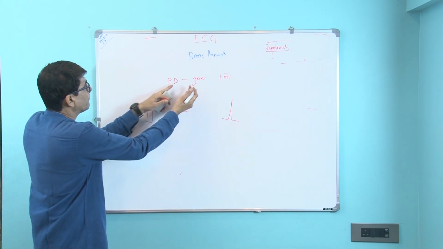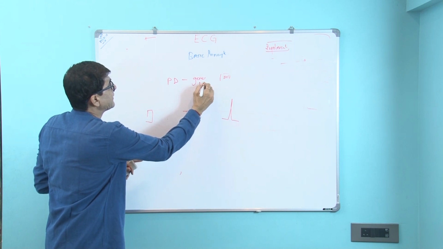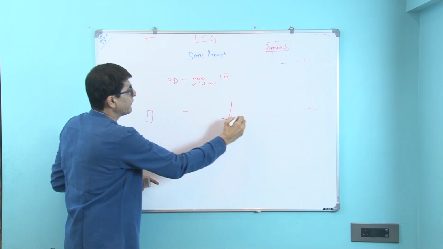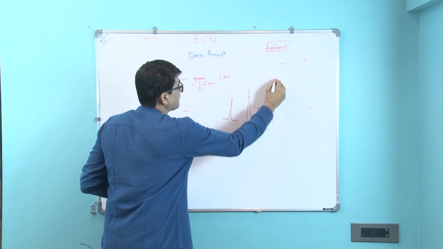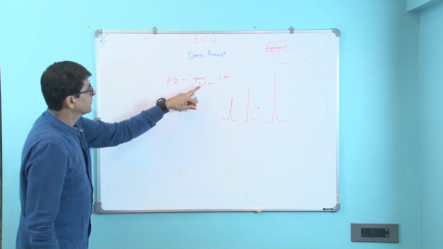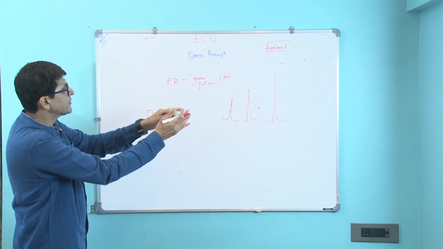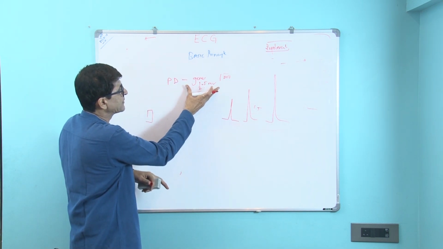If the potential difference generated is 1.5 millivolt, it will record 15 millimeter deflection. If it is 2, it will record 20 millimeter of deflection. It depends on how much the potential difference is between the two leads.